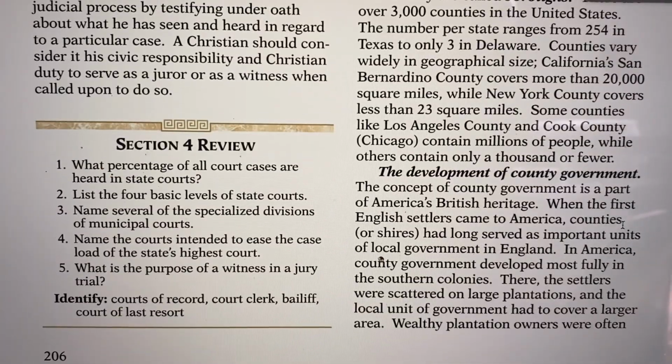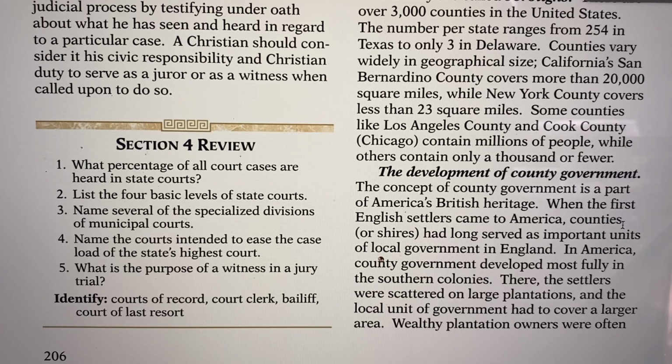What percentage of all court cases are heard in the states? 90% of all the court cases are heard in the state courts. List the four basic levels of the state courts. We have the lower courts, courts of limited jurisdiction, which are magistrate and justice of the peace and such, up to municipal courts.